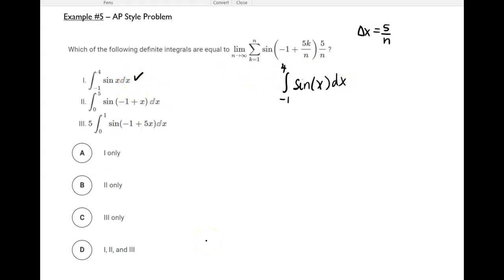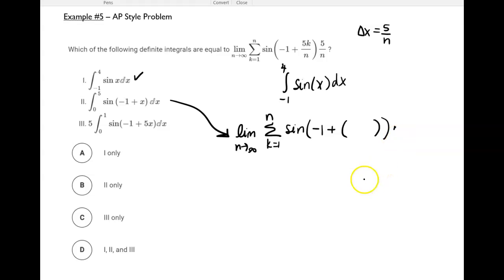But don't automatically assume that the other ones don't work just because the first one does. Let's try to see, and I think what's actually easiest, instead of trying to make this one match the other one, see if we can write this integral in our limit form. So we would say limit as n approaches infinity of the sum from k equals 1 to n of sine of -1 plus our x, we'll have to come back to that x, times our delta x.